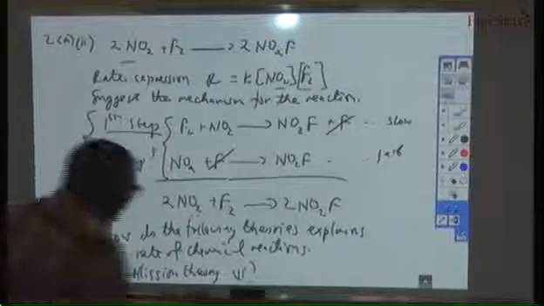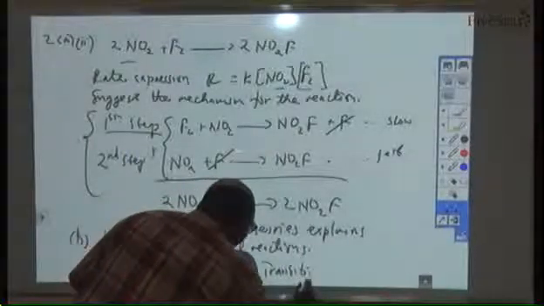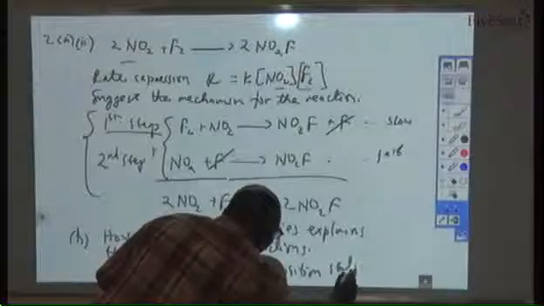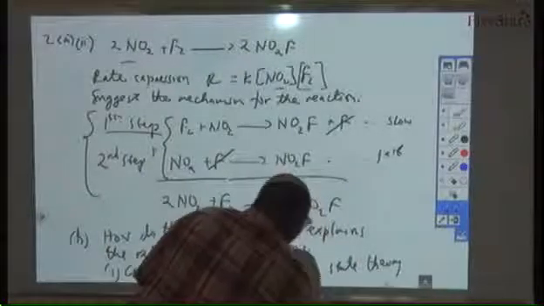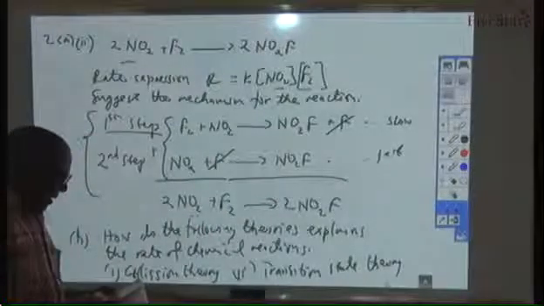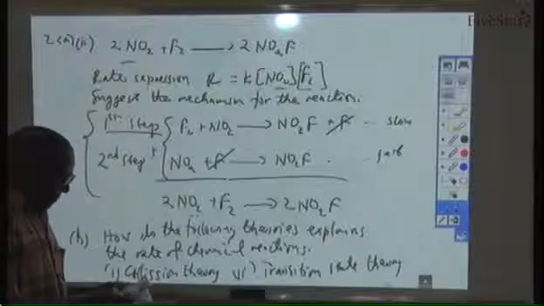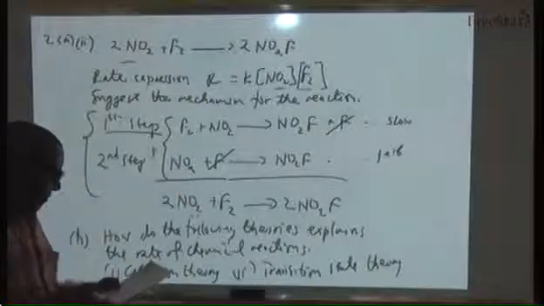transition state theory. How does the transition state theory explain the rate of chemical reactions?